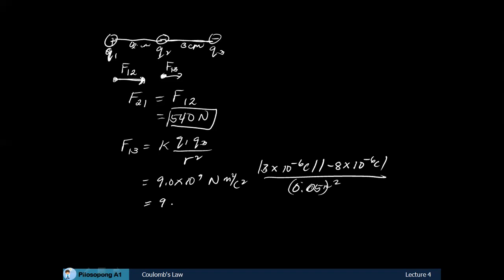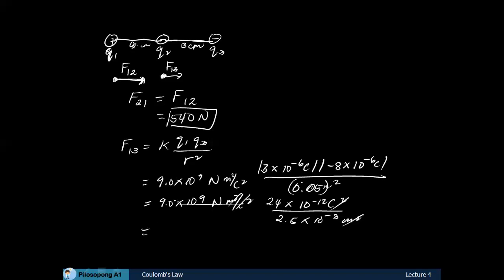So write this again. So 3 times negative 8, it's 24 times 10 raised to negative 12 coulomb squared, and we have 2.5 times 10 raised to negative 3 meter squared.